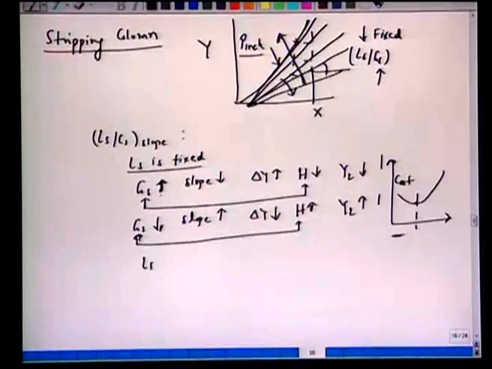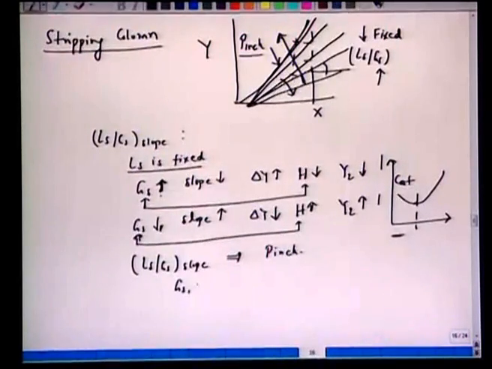So we get Ls by Gs from here, the slope at the pinch location, and Ls is fixed, so we get Gs minimum. So all it says, we cannot have any amount of Gs smaller than this. So this gives us Gs minimum.